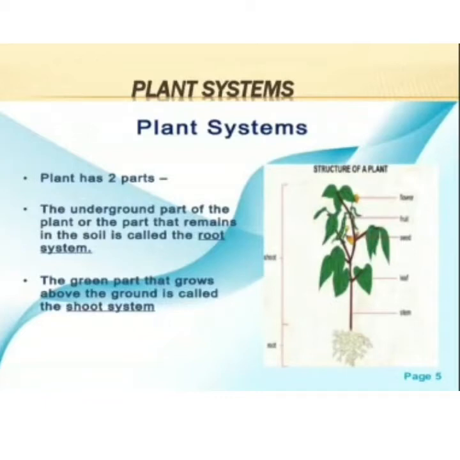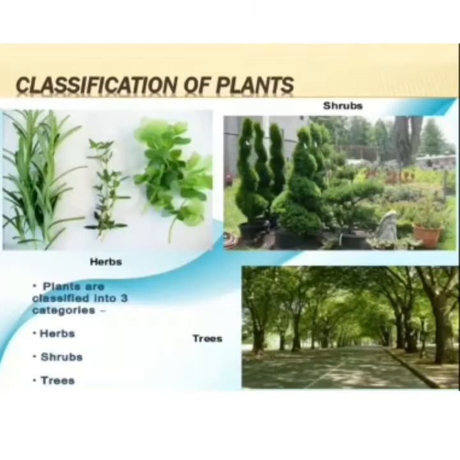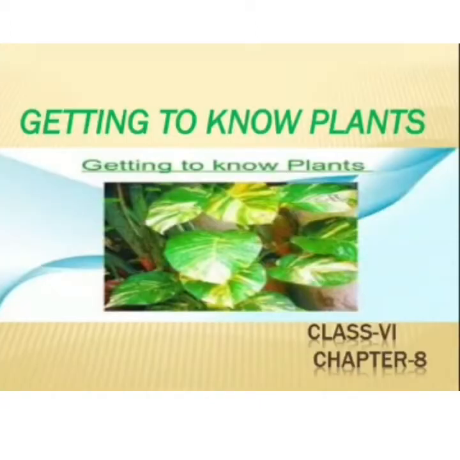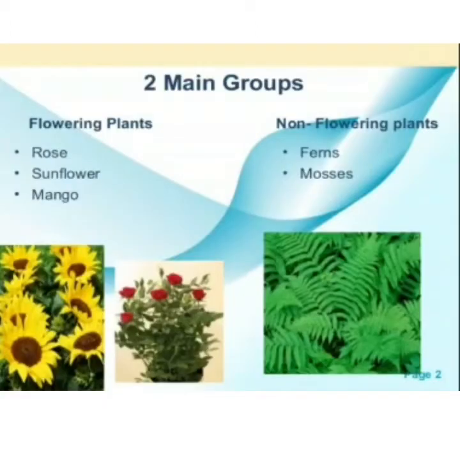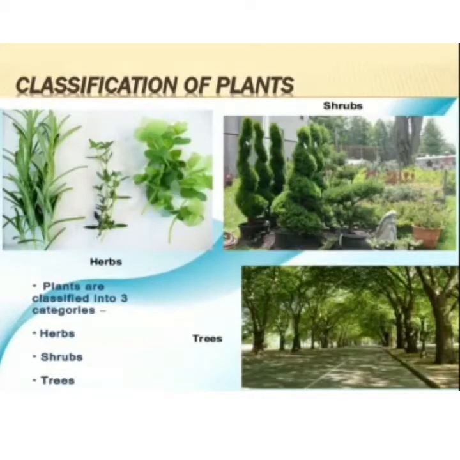Students, previous week we had already discussed our chapter number 8 of class 6, that is Getting to Know Plants. In that part we had already covered what are the flowering plants, what are the examples of non-flowering plants, and classification of plants.